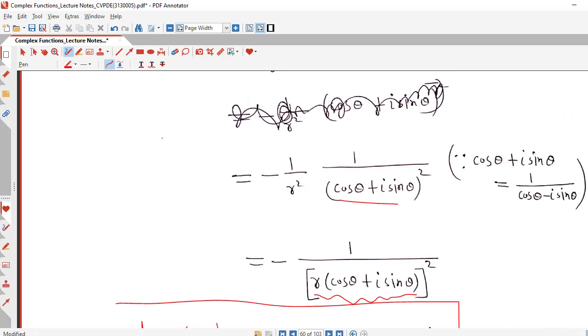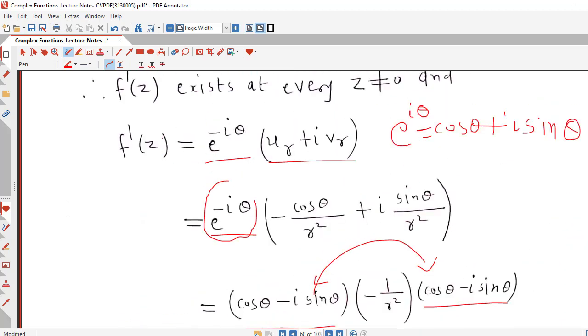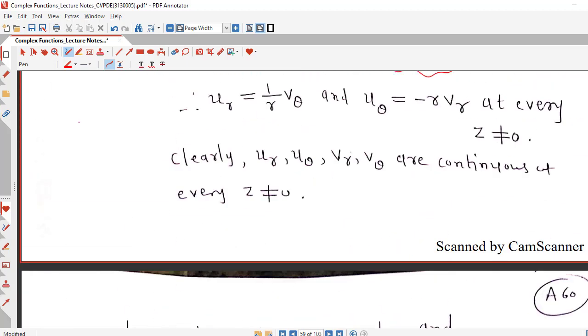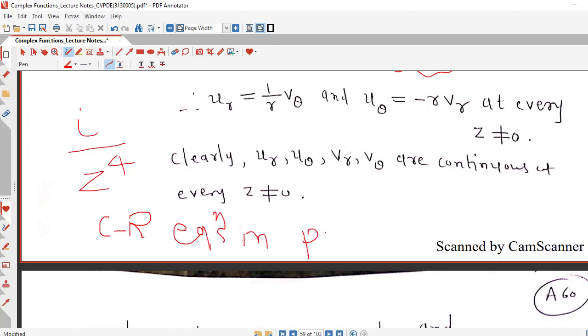So we can have this type of examples. Be careful whenever we have this type of functions, say i upon z raised to 4, then it is better to use Cauchy-Riemann equations in polar form. If you are using CR equations in polar form, then it will be comfortable.